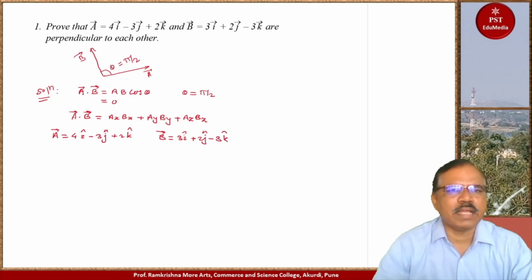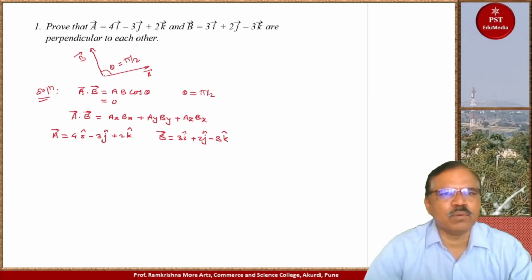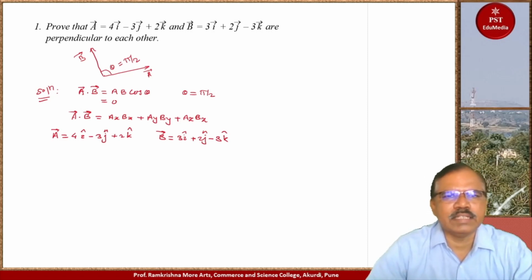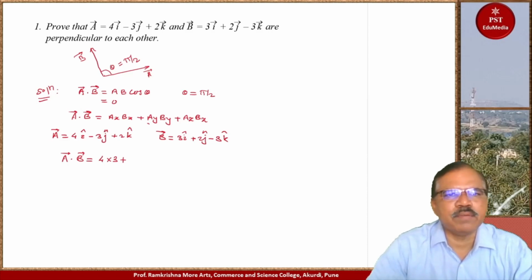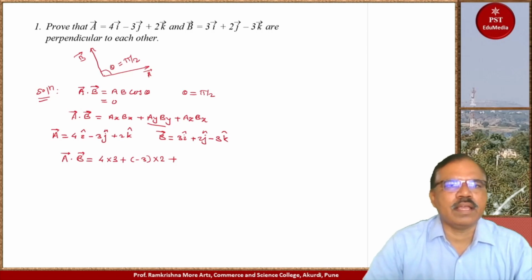So 4, minus 3, 2 are components of A, and 3, 2, minus 3 are components of B. So we can write A dot B is equal to AX BX, so 4 into 3, plus AY BY, AY is minus 3, BY is 2, plus AZ BZ, AZ is 2 into BZ is minus 3.